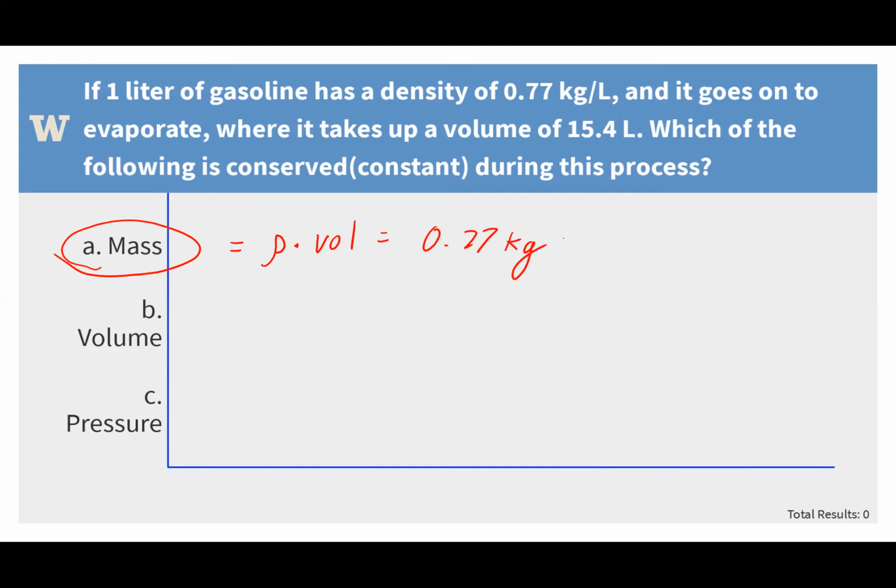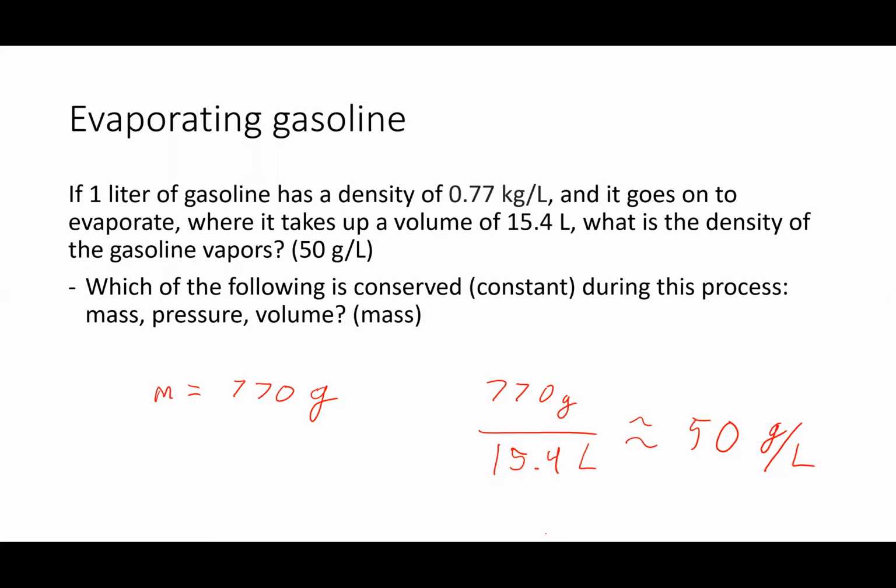And then when it evaporates, it takes up a larger volume. And so the new density, right, the final density of the evaporated gasoline, I could write in terms of that same amount of mass divided by the new volume. So that gives us a density of 50 grams per liter for the evaporated gasoline.